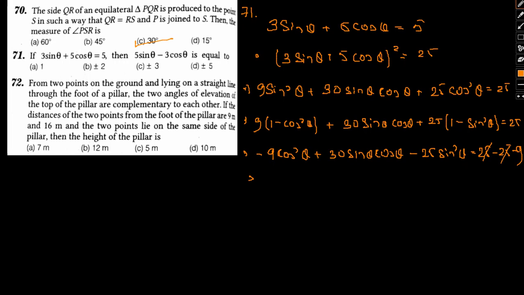Let's multiply the entire thing by minus. So if you do that, we have 9 cos square theta plus 25 sin square theta minus 30 sin theta cos theta equal to 9. Okay, now look at this.